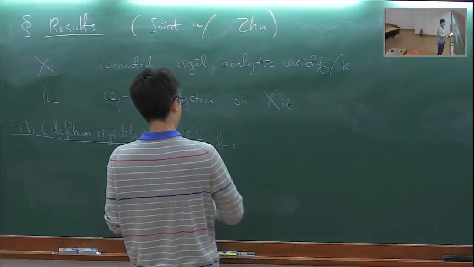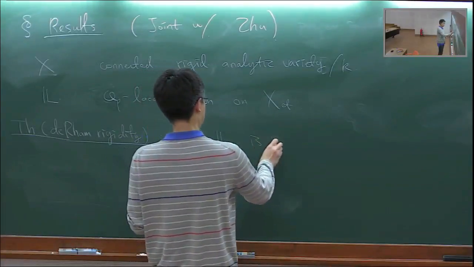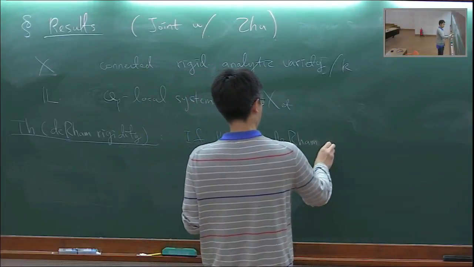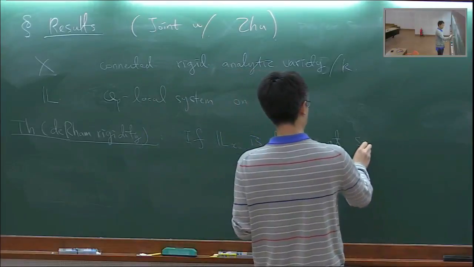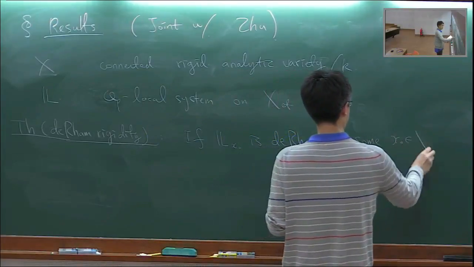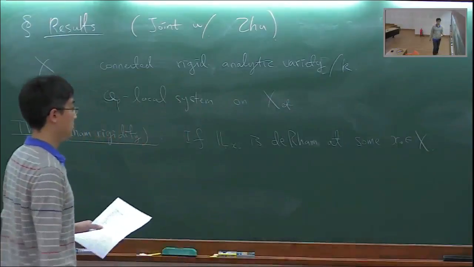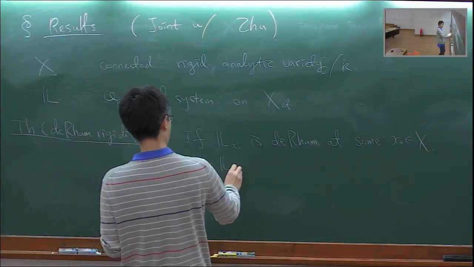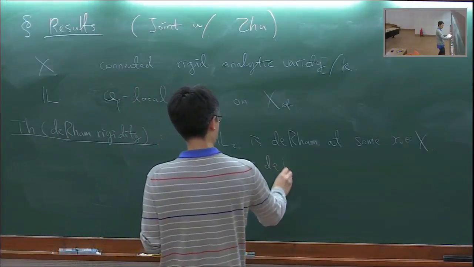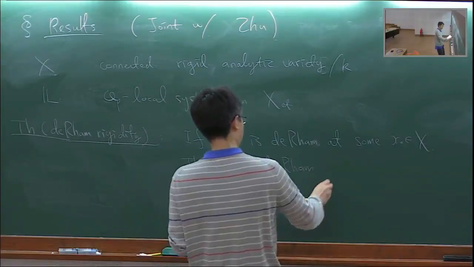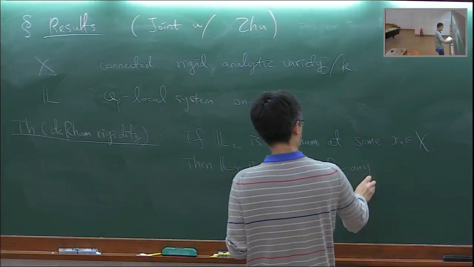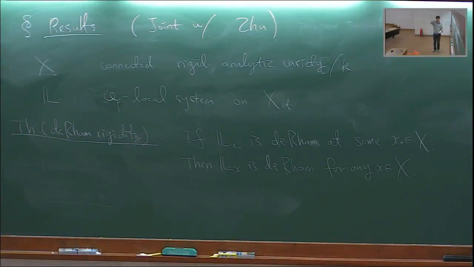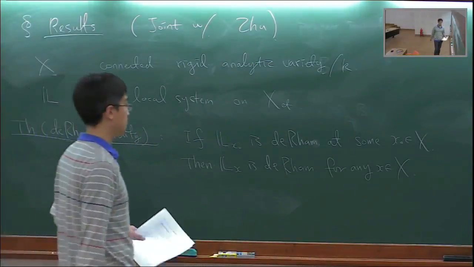So if Lx0 is de Rham at some x0 in X, then it is de Rham everywhere, for any x in X. And also all these de Rham representations have the same set of Hodge-Tate weights.